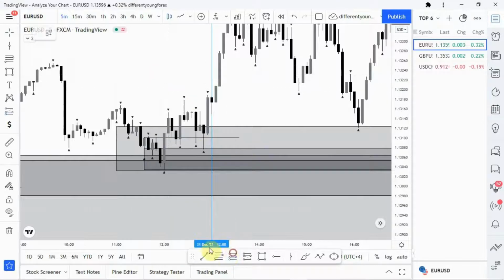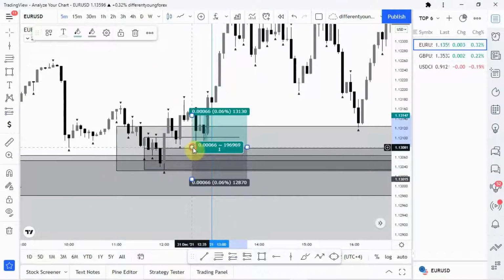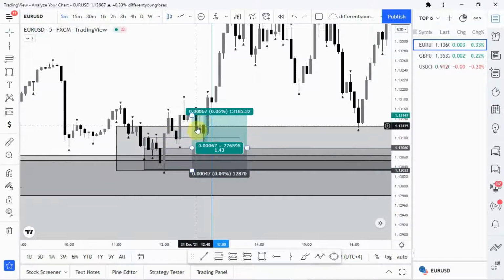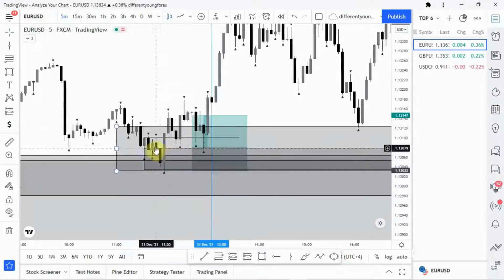So even with the 5-minute block, this could have been taken after this drop here came at 12:40 and this drop came at 12:45, and after that you could easily place the limit here.